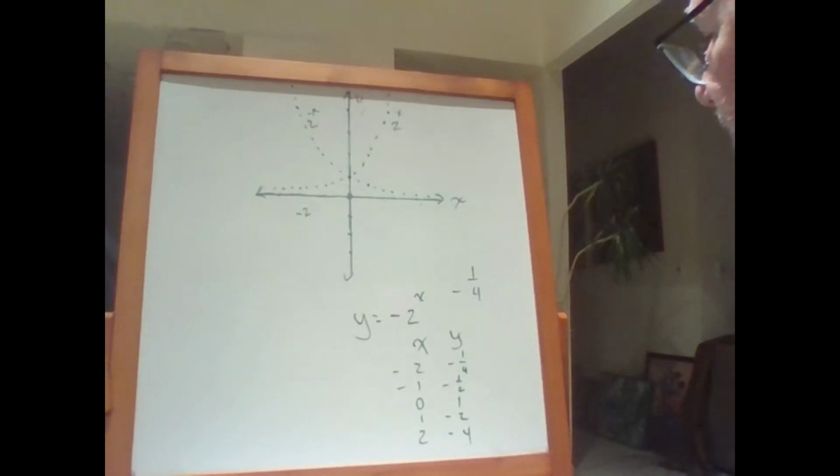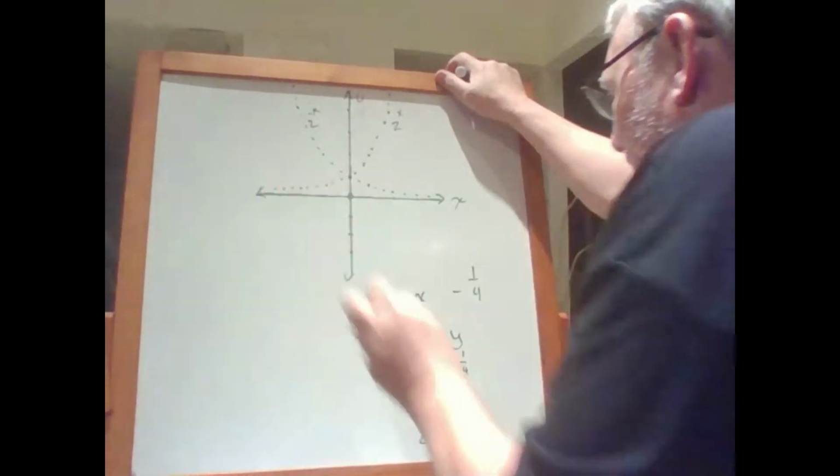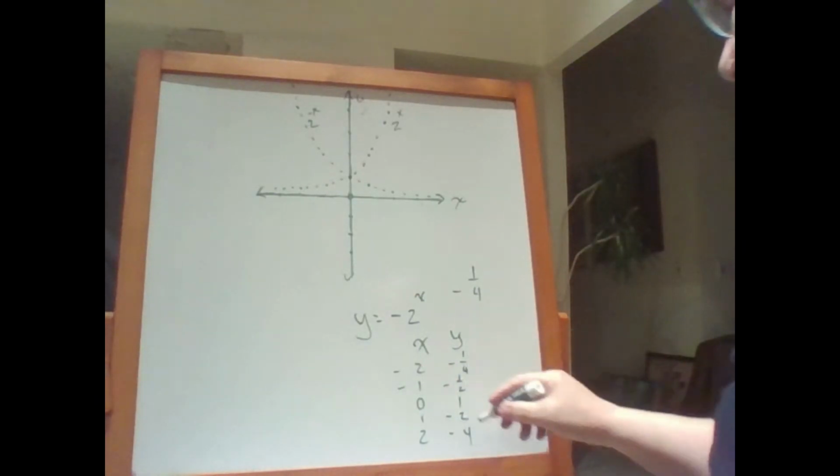So when we have minus 2 to the x, everything is negative.